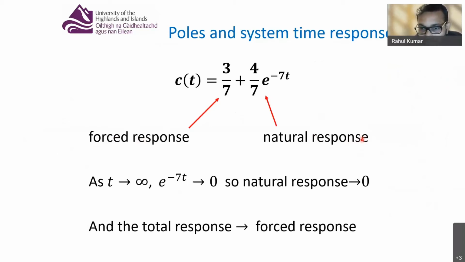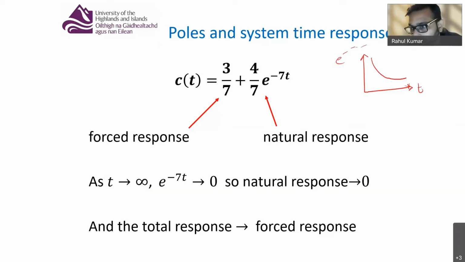Now as t tends to infinity, in the second term we have e to the power minus 7t, and e to the power minus infinity is 0. The exponential curve is something like this, where this is t and this is e to the power minus something.